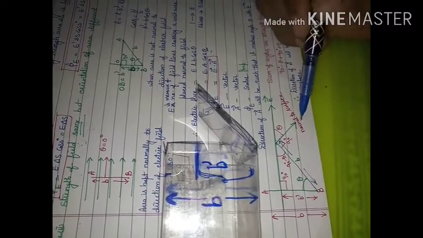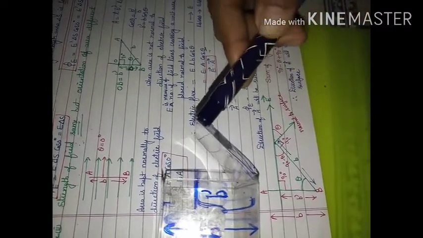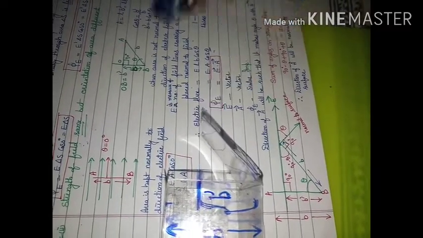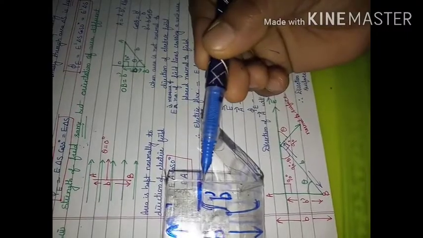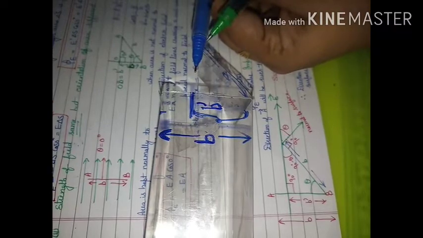If I draw a normal on this surface, normal like this, then consider this straight line. In this straight line, the sum of angles, which angles am I going to consider? This angle and the normal drawn. Their sum should come out to be 180 degree.